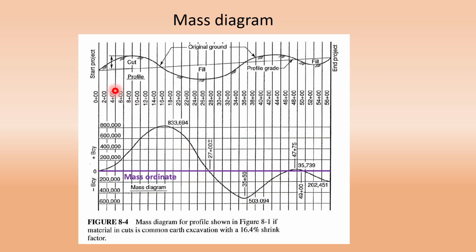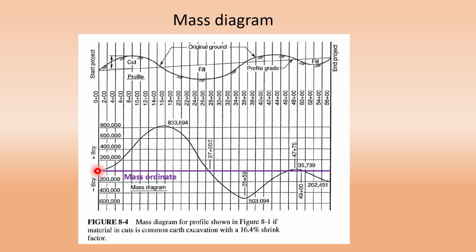And if you come up here and think about your actual ground surface, your profile, you can see, remember, from 0 plus 0 all the way up to 15 plus a pair, we were cutting. And that means every time we cut, we're making a deposit into our bank account.